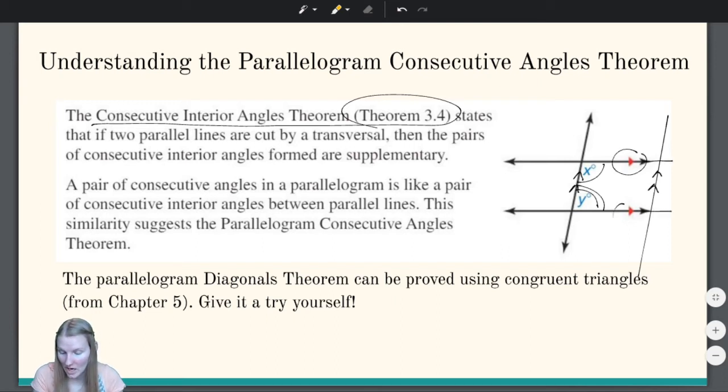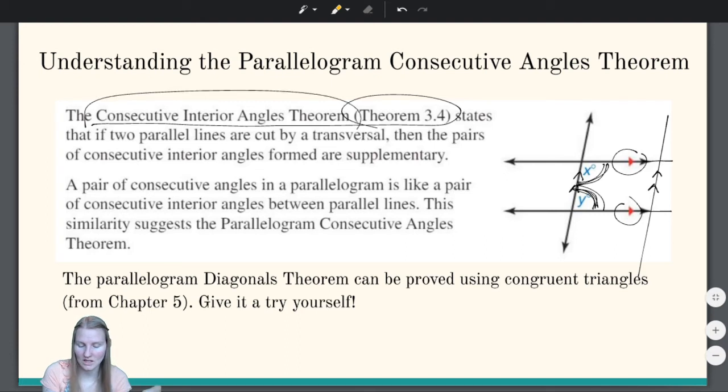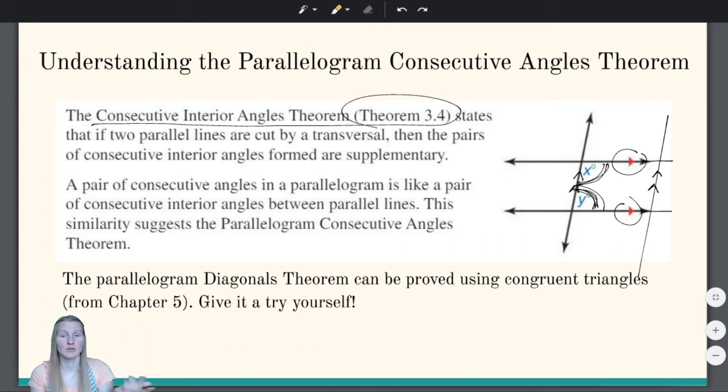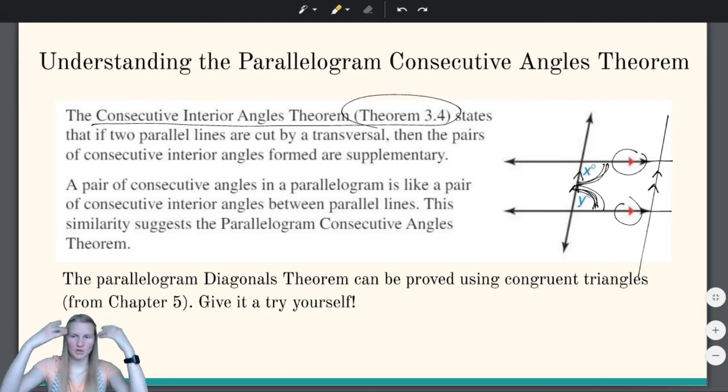So I know that the top and bottom and the left and right are parallel to each other, respectively. So that must mean that consecutive angles are supplementary, just like the consecutive interior angles theorem from chapter 3. So if that helps you remember this, great.